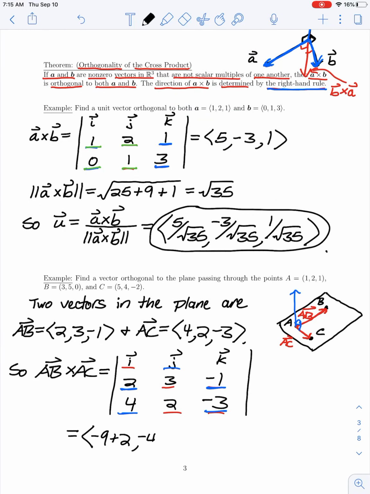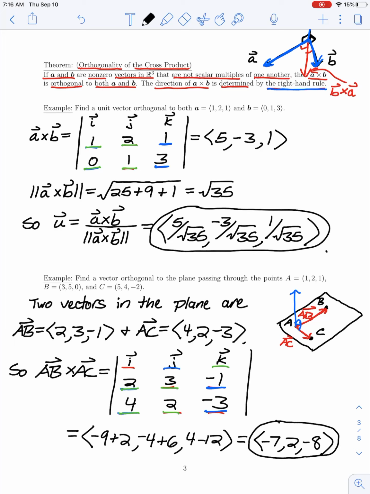So we had a negative 4 minus a negative 6 would give us a plus 6. And then for our K component, we would have the product 2 times 2 minus 3 times 4. So that would be 4 minus 12. And simplifying a little bit, we would have the vector negative 7, 2, negative 8.